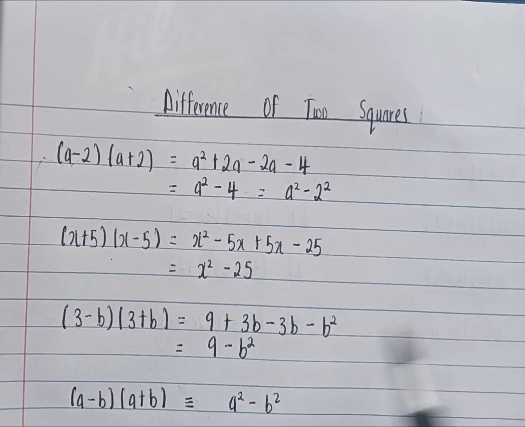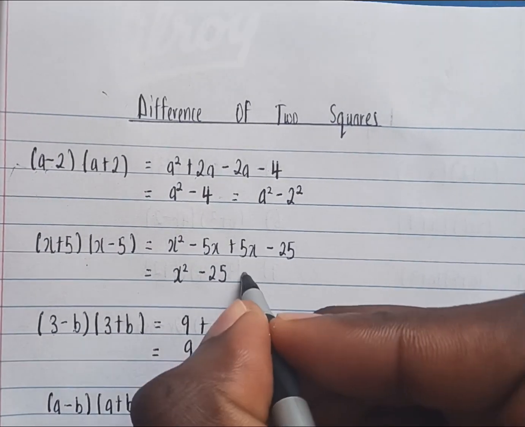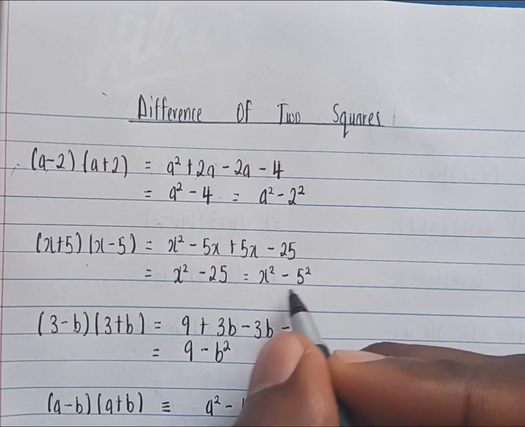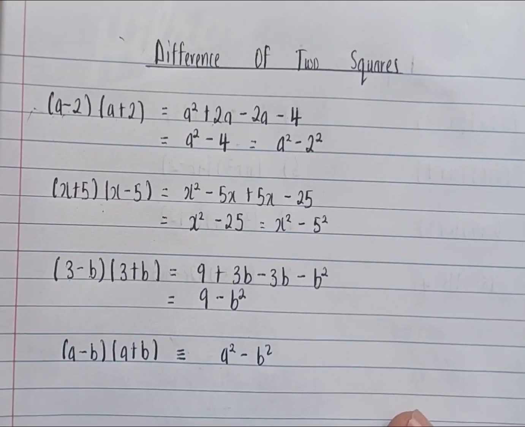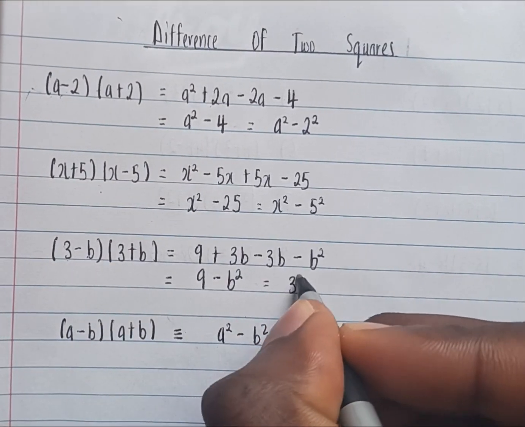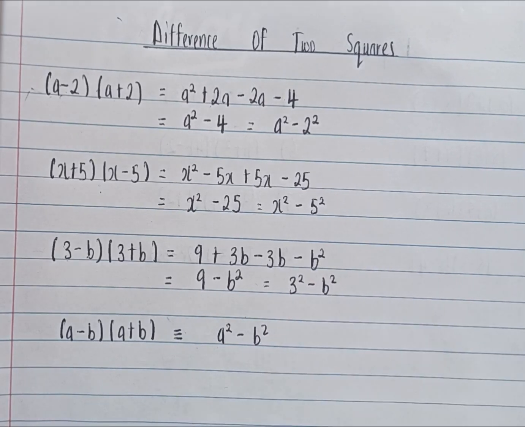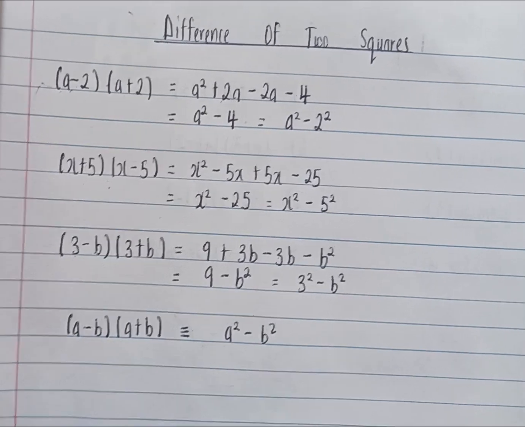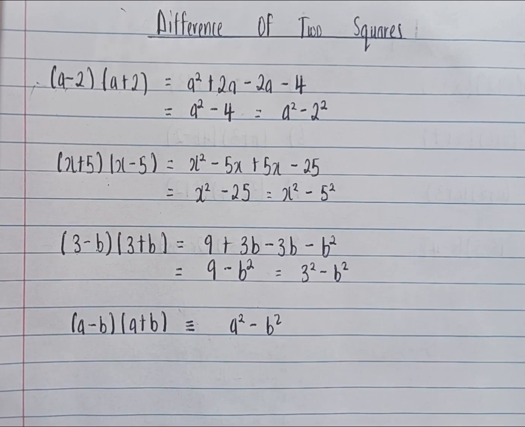The same for this one. This one is the same as x squared minus 5 squared, because 5 squared is 25. And this one can be written as 3 squared minus b squared, where 3 squared is 9. And that's the principle for the difference of two squares.